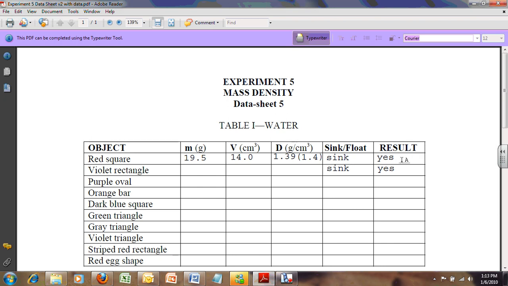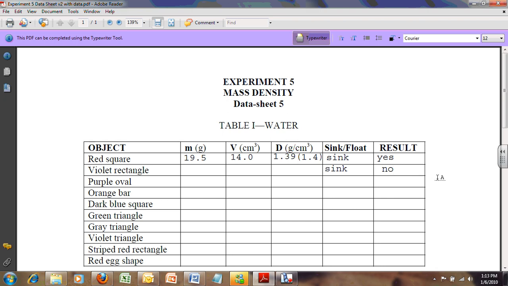that result is yes. Now what I've done down here is I'm going to show you, we're going to remove this and we're going to remove this, and I'm going to come back in here and say, let's say I said it was going to sink, and I found out that no, I was wrong.